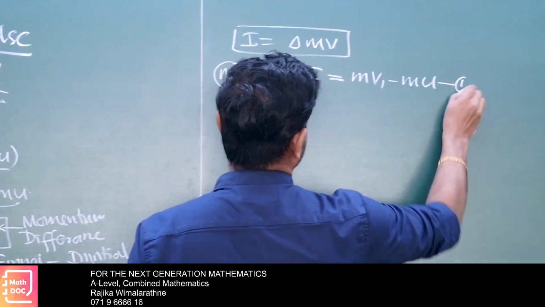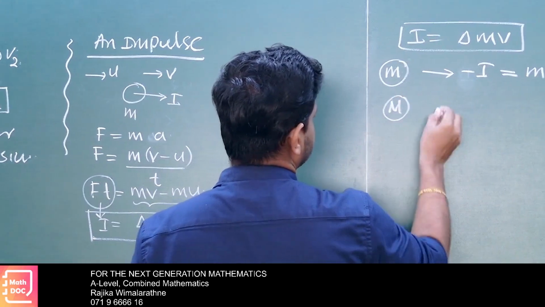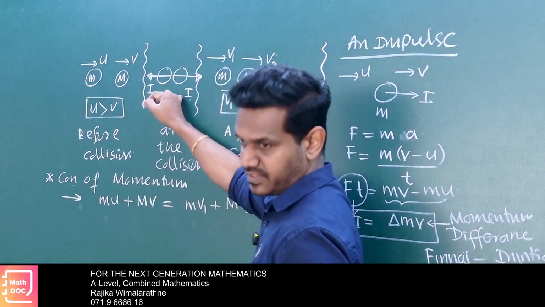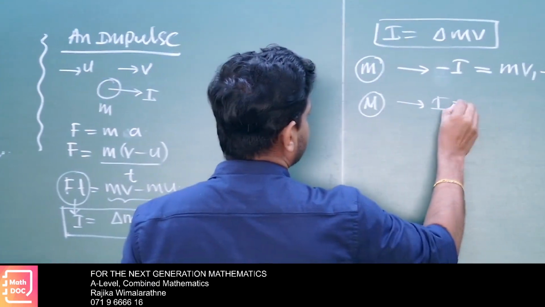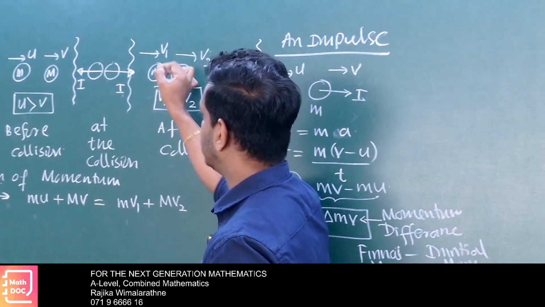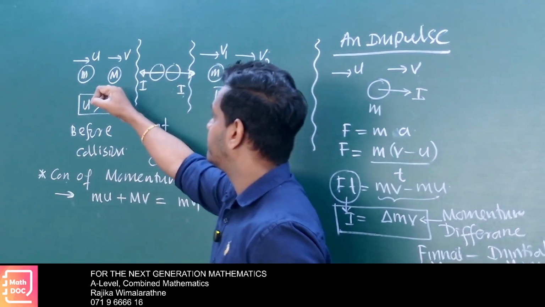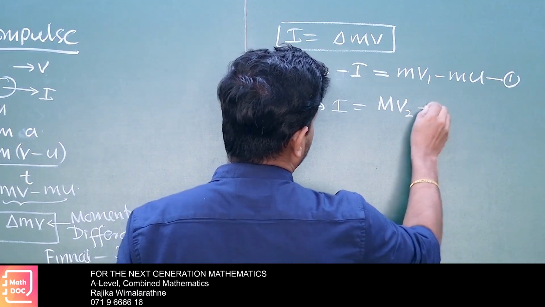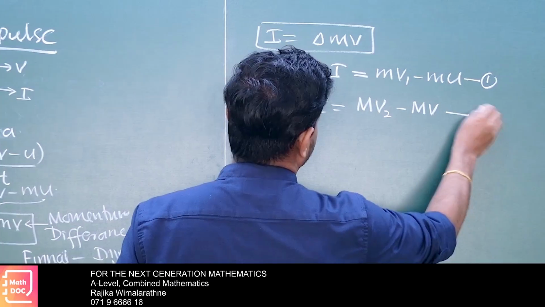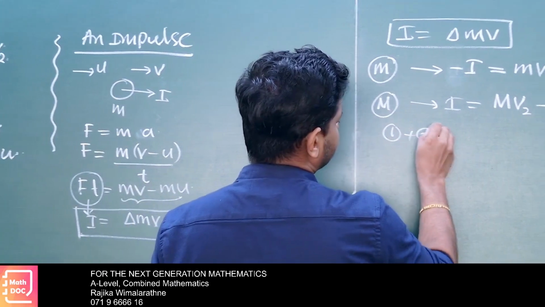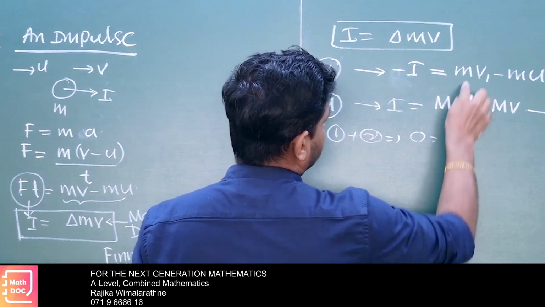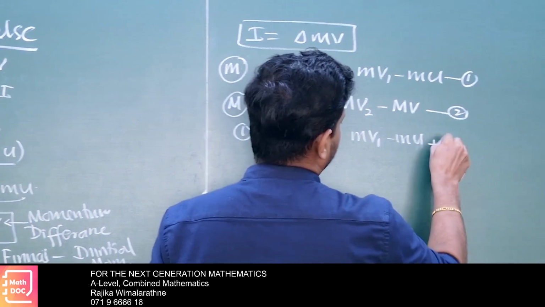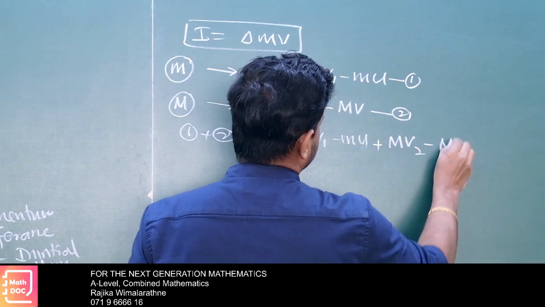Then you take the capital M object, using the same direction. Here I acts in the opposite direction, so minus I. I equals the momentum difference, final minus initial: capital M v2 minus capital M v. Adding 1 and 2, I cancels: 0 equals mv1 minus mu plus Mv2 minus Mv.